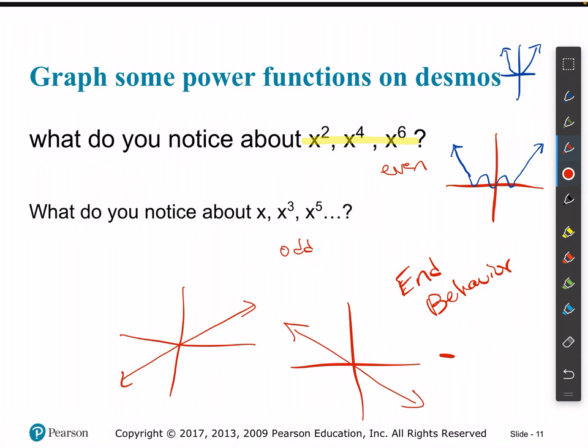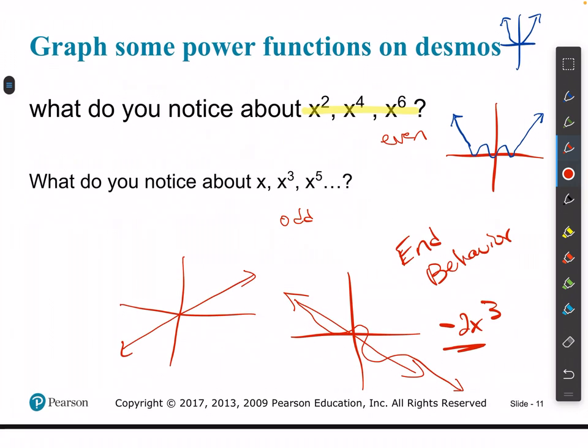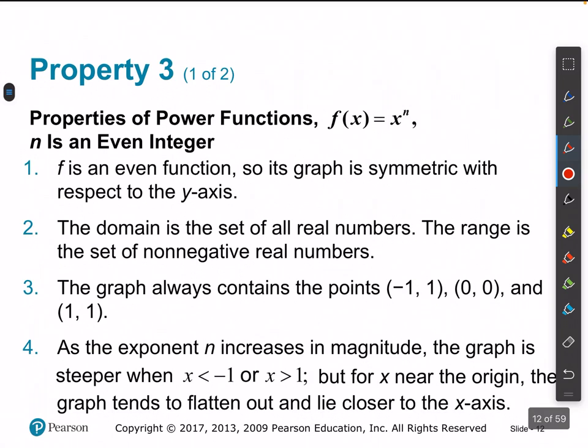So if I have negative 2x to the third as my leading coefficient, then I know the whole graph is going to act like that, where I start in the positive and go to the negative. Maybe it does something in between, but in general, that's what it's going to look like. So, the odd powers versus the even powers: it's important to note the end behaviors with those and keep those in the back of your mind.